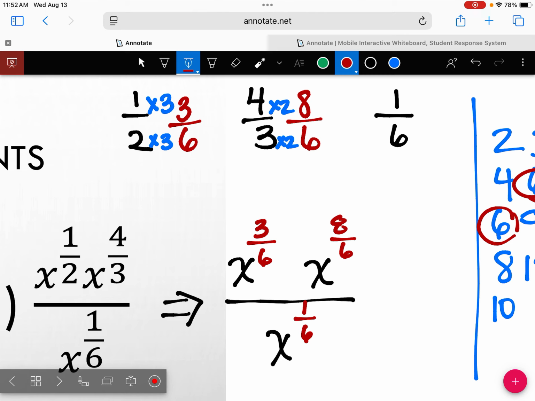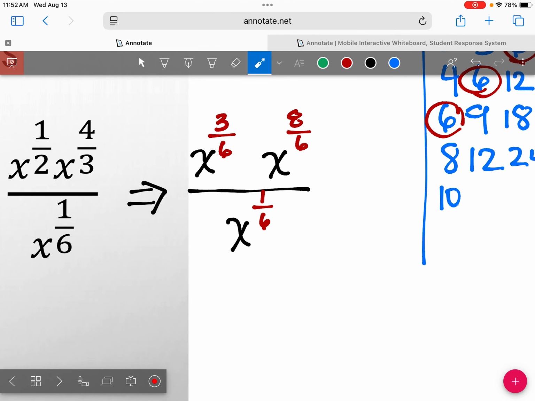So in order to finish it, I am going to add my exponents that are in the top, which is going to give me x to the power of 11/6, and then my denominator is x to the power of 1/6.